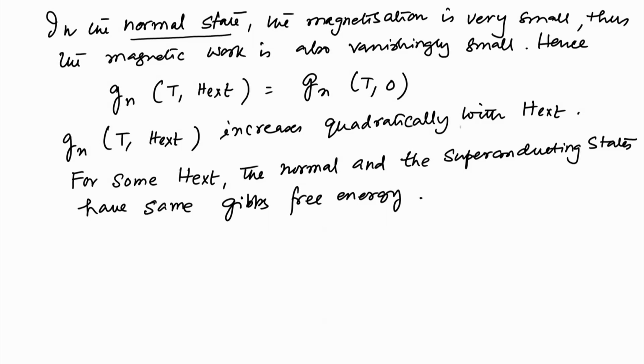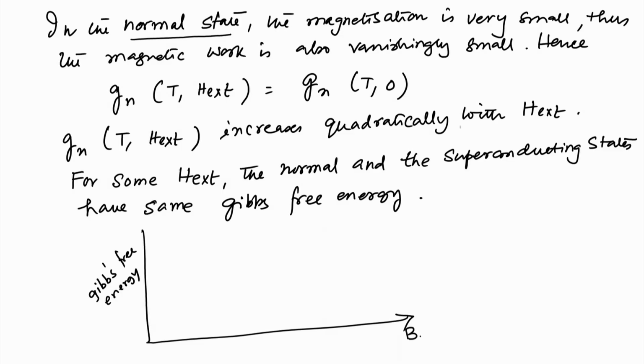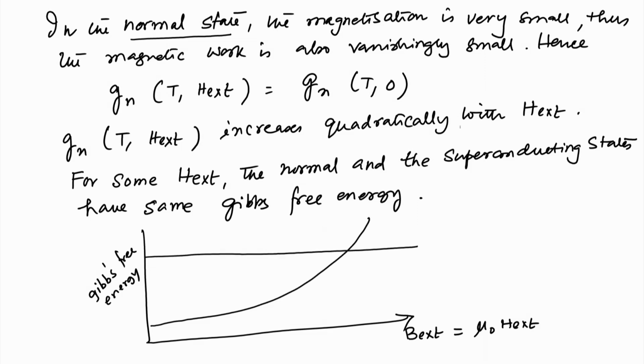So, what it says is that if you plot the Gibbs free energy as a function of either B external or H external, it does not matter, they just get scaled by this. For the superconducting state it is like this, and for the normal state it is like this. This crossing point is called H c or B c, depending on which language you want to use.